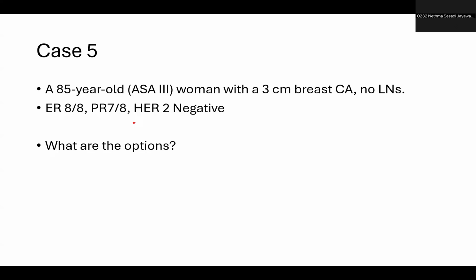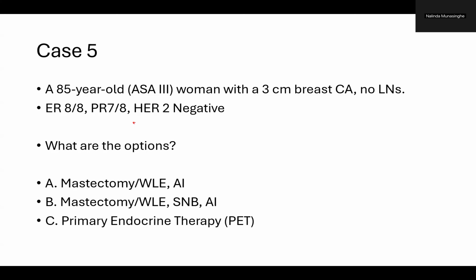Chemo and hormonal therapy? Yeah, those things will be done. Mammogram, ultrasound scan, the biopsy, everything done. That's why we had immunohistochemistry, the grading and everything. So what are the options? So we can do a mastectomy or a wide local excision and give aromatase inhibitors because it's hormone positive. I have put mastectomy or wide local.